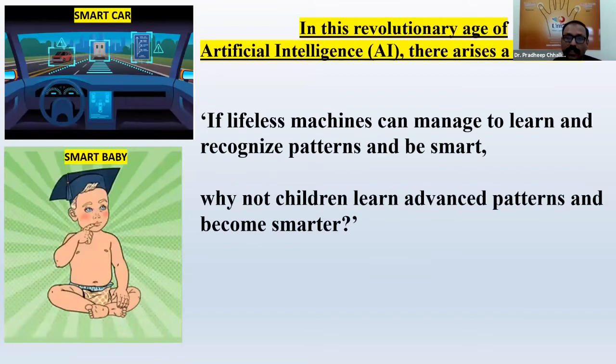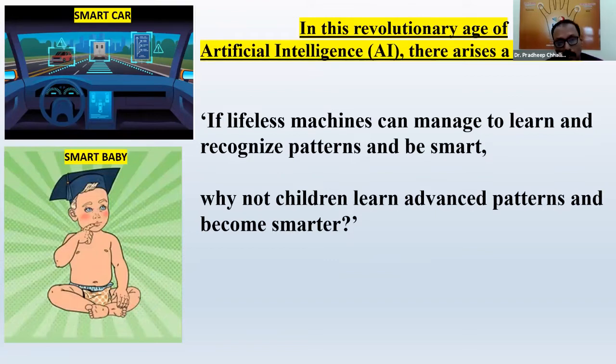So we are already in a revolutionary age of artificial intelligence. We know now smart cars are coming up where without a driver, the car can actually go through heavy traffic without any accidents.